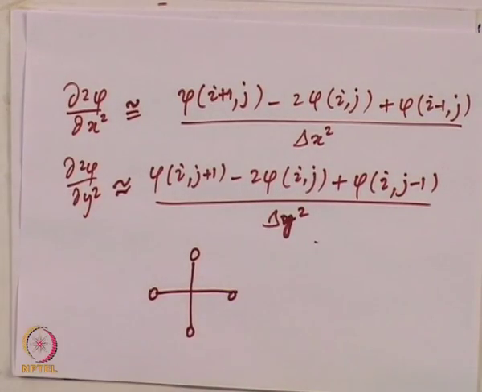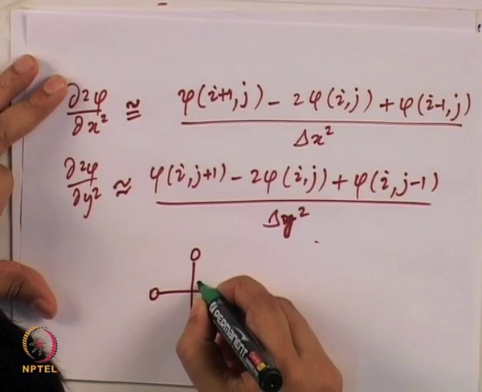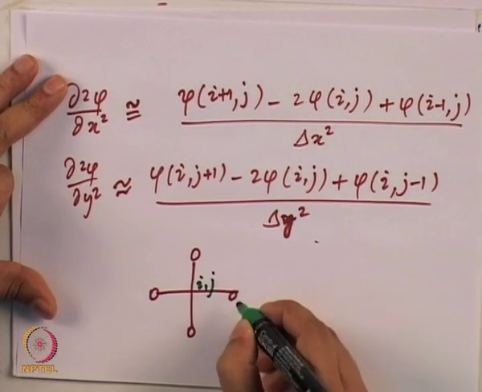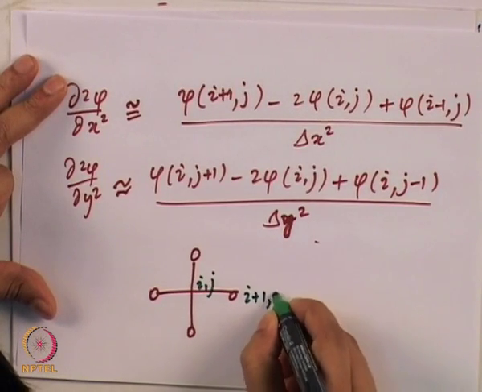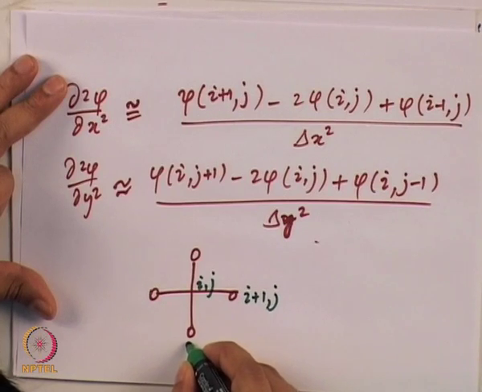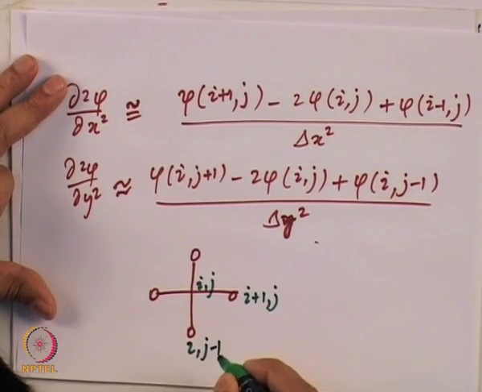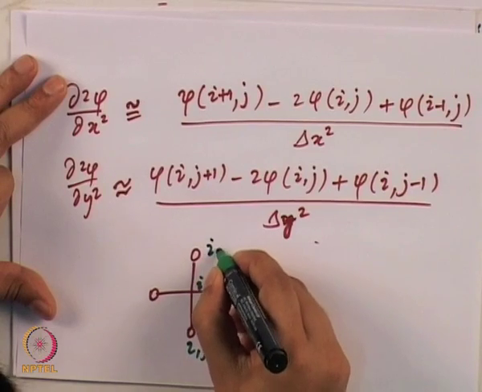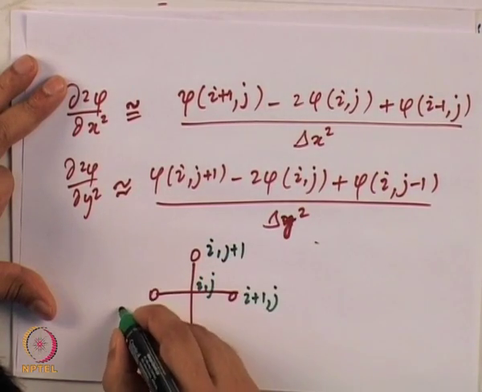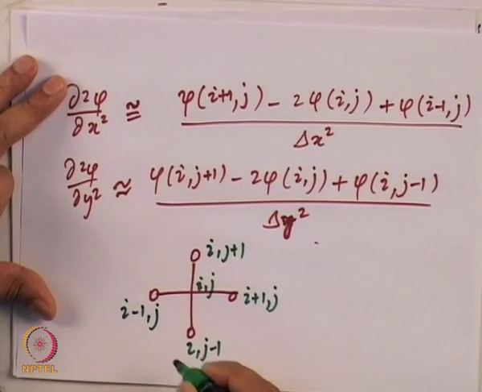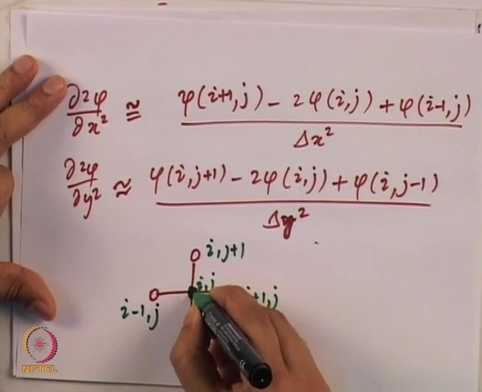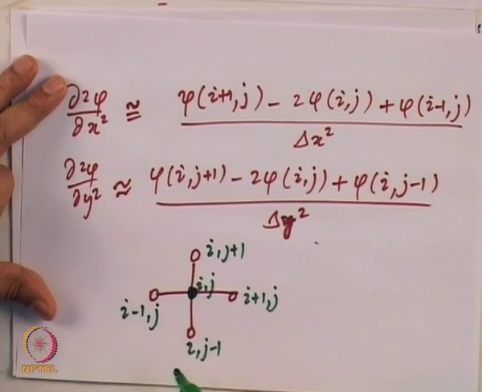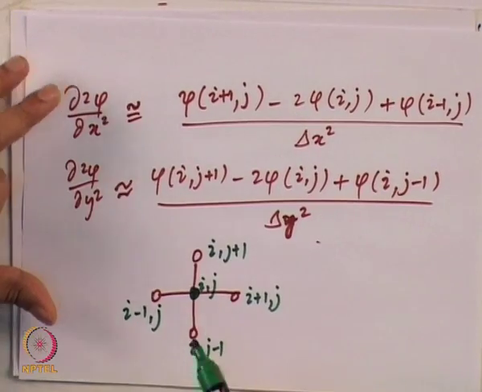So if this is i comma j, this is going to be i plus 1 comma j, this is going to be i comma j minus 1, this is going to be i comma j plus 1, this is going to be i minus 1 comma j, and we are computing the value at the center based on certain values at the neighboring points.